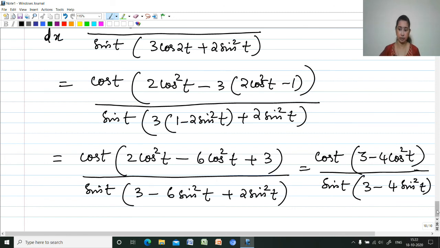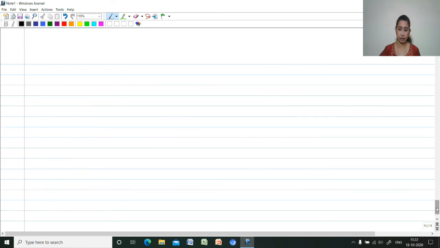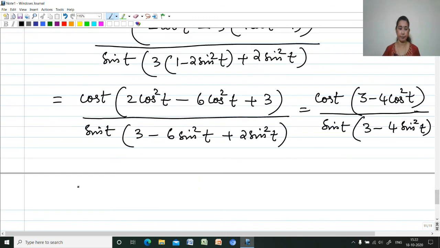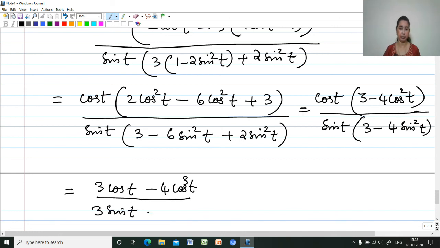And multiplying that cos t inside, we are getting cos t into 3 is 3 cos t minus 4 cos cube t divided by 3 sin t minus 4 sin cube t.